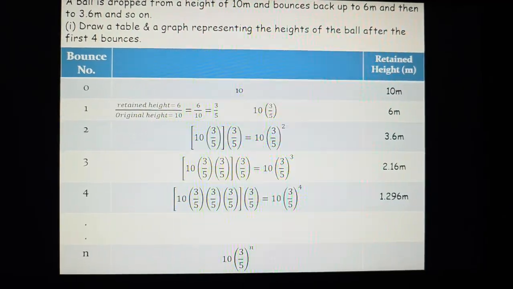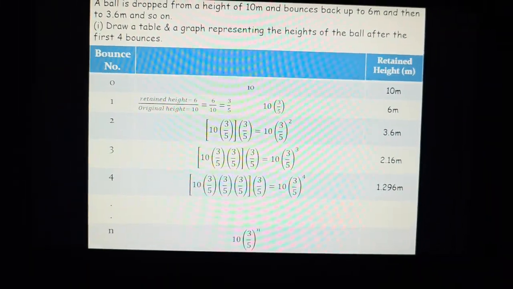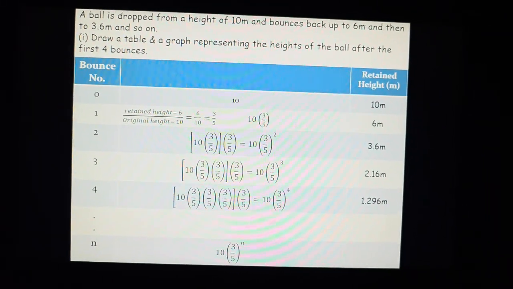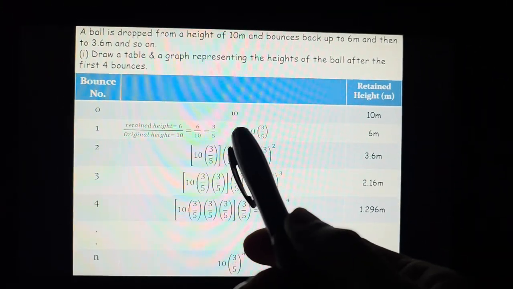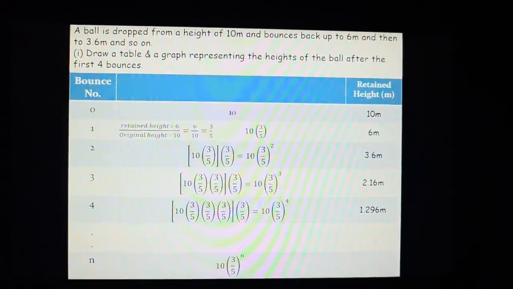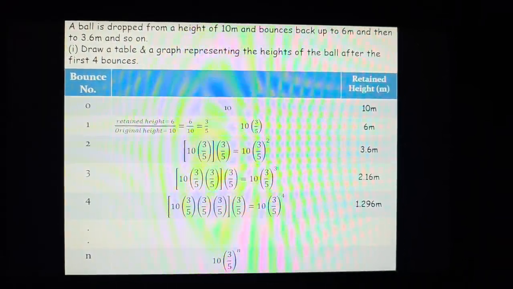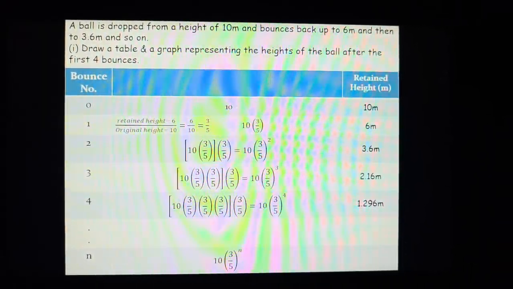Okay? If you would prefer to use your geometric T of n formula instead, which is AR to the power of n minus 1, A would be 10, common ratio is 3/5, so you'd have T of n is equal to 10 times 3/5 to the power of n minus 1.